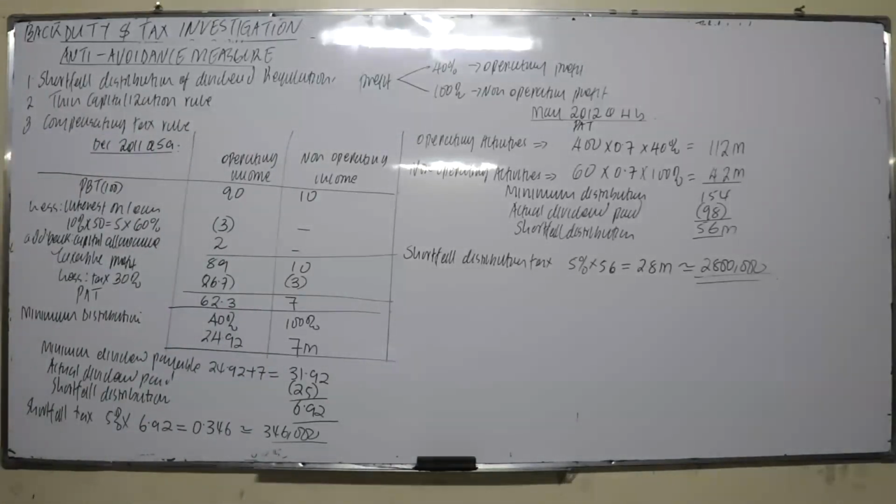Simple as that. So that was all about the shortfall distribution of dividend regulation.